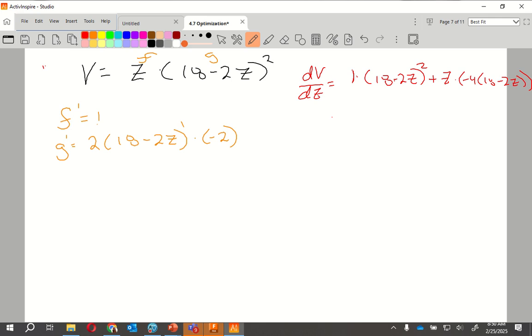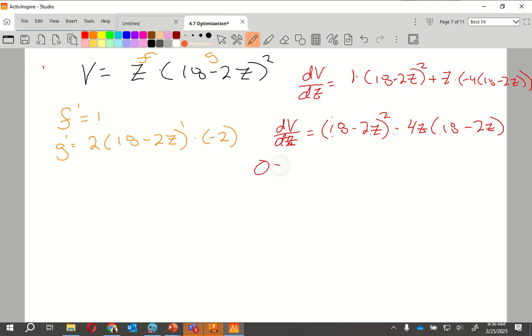So dV/dz is (18 minus 2z) squared minus 4z times (18 minus 2z), and I can keep distributing, but instead I'll factor out and set it equal to 0.